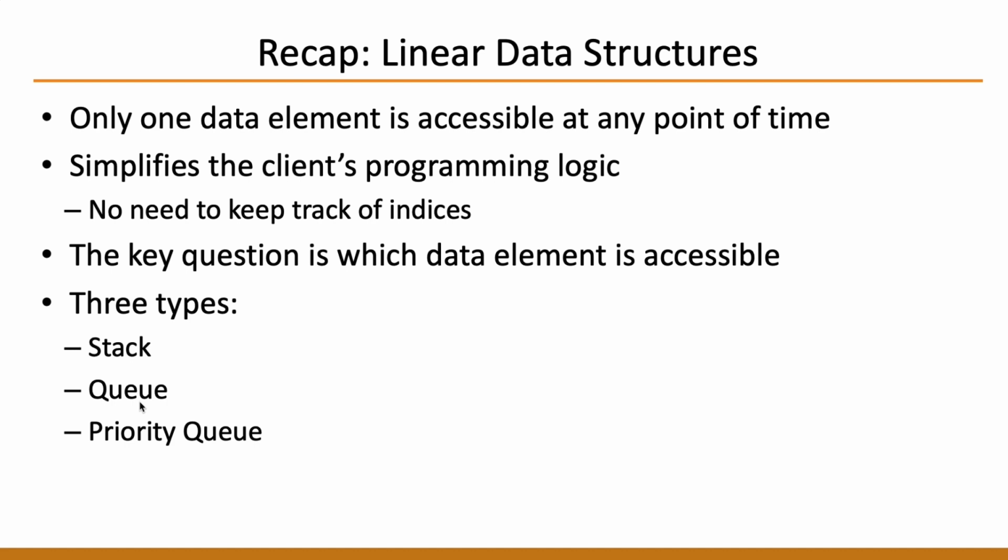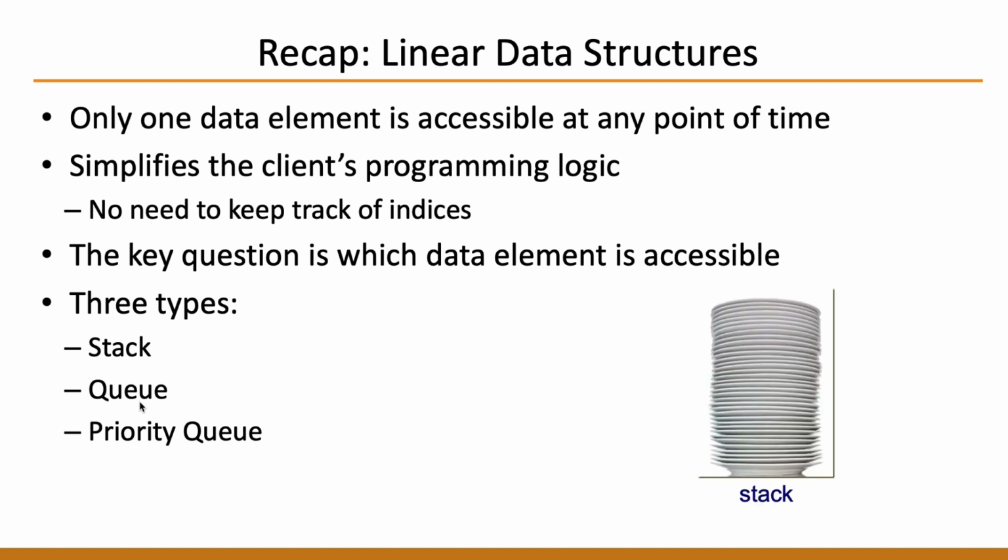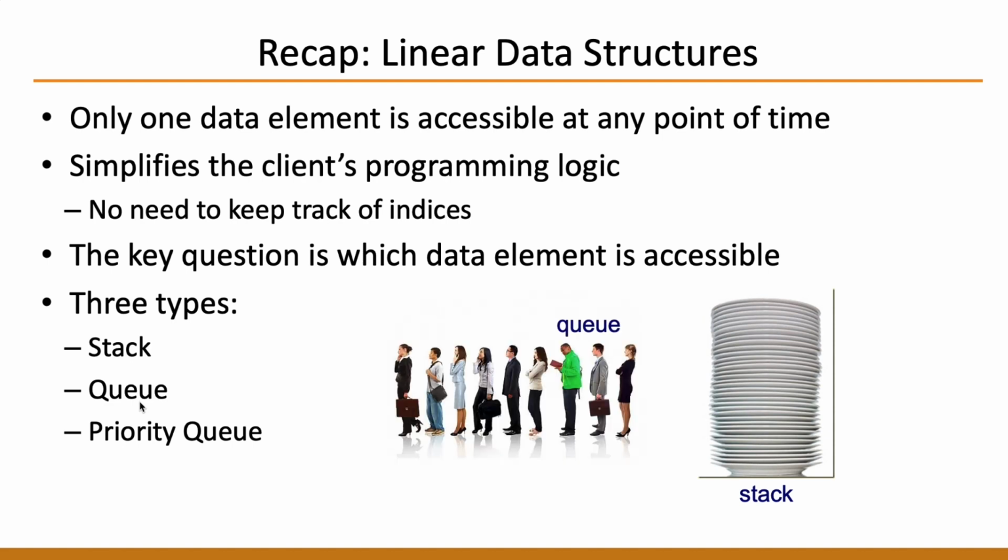And depending on the rule that you specify, you will generate different kinds of data structure. For example, for stack, the rule specified that if you need to insert the data or if you want to remove the data, both will occur at the top of the stack. Okay, and because you retrieve and you insert data at the same place, you have this special property of last in, first out.